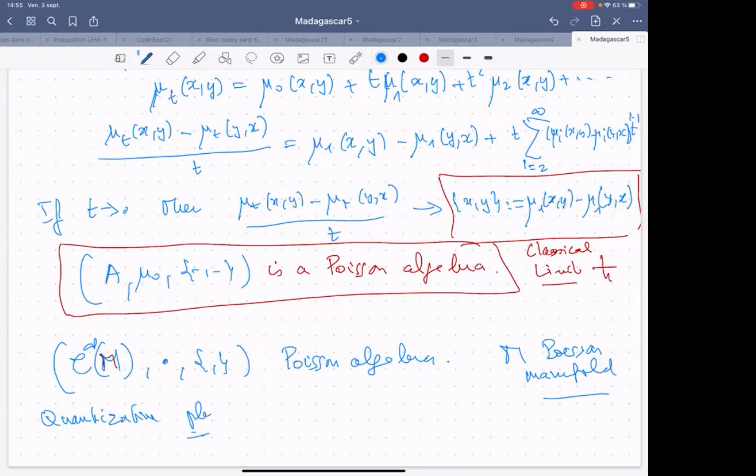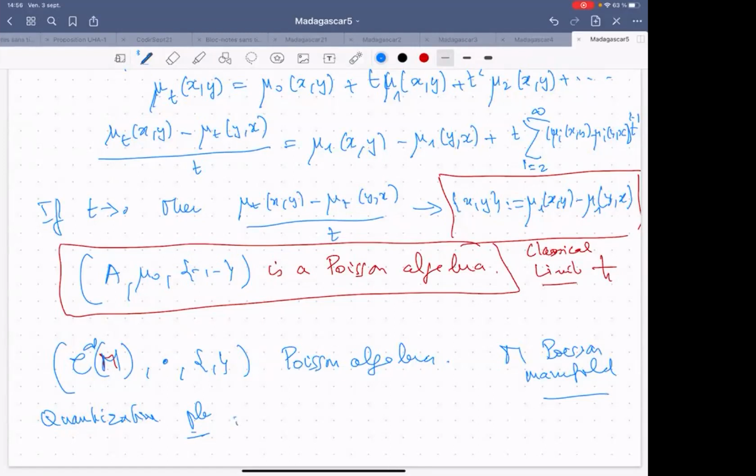In fact, here we are not just constructing a deformation and picking up the first term to get a Poisson bracket. You always have a Poisson bracket given by the first term by taking this commutator, but here the Poisson bracket is fixed. I mean, we have one more constraint in our deformation problem.